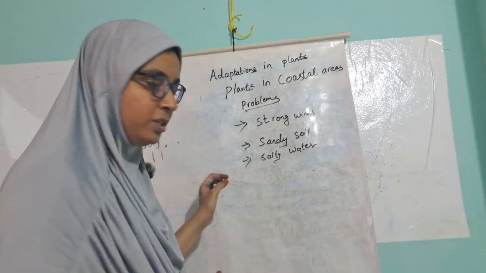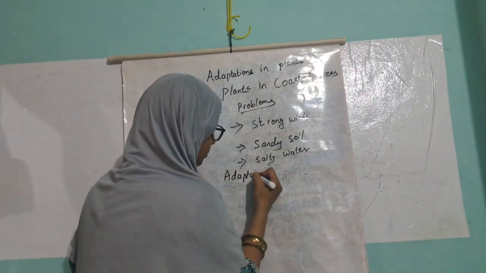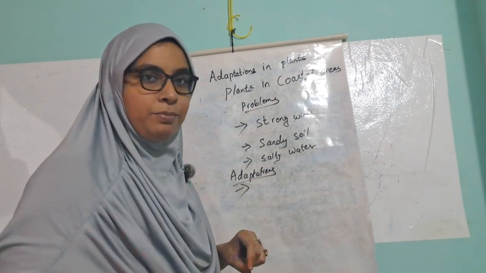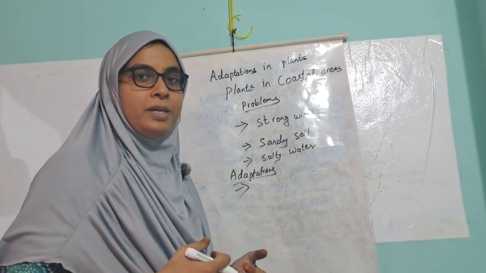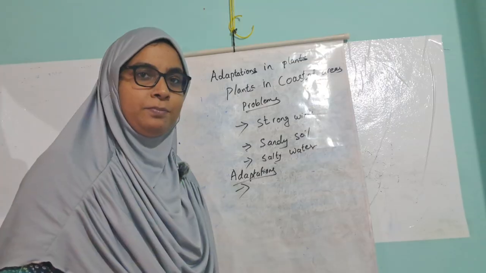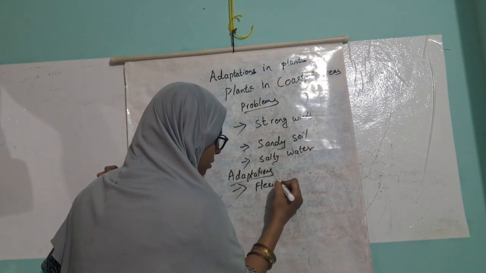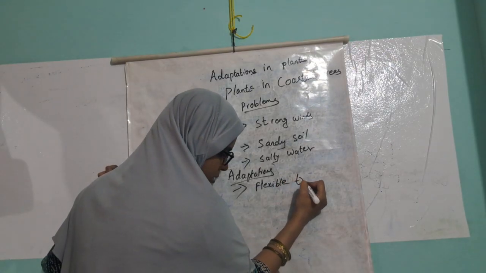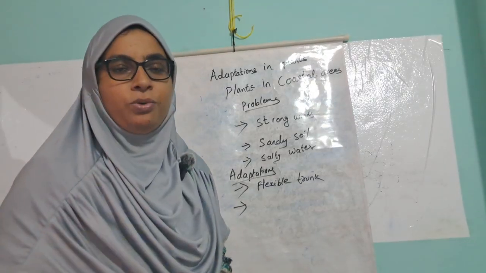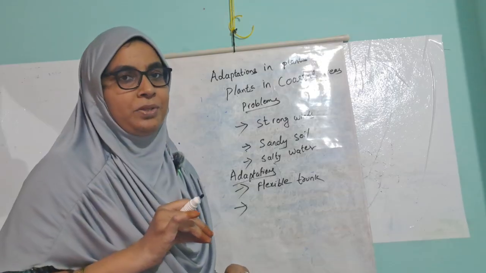And what are the adaptations? Their trunk is very flexible and it bends according to the wind. And they have a long fibrous root system that holds the sand firmly.